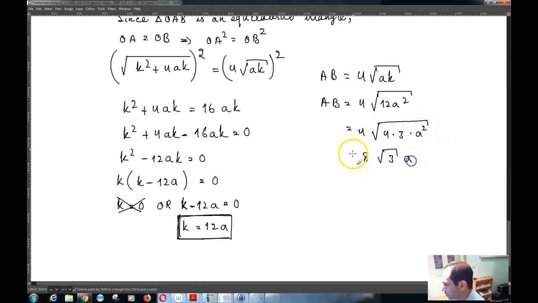So AB is equal to 8 square root of 3 times a, and that is the side length of the triangle that we were looking for. Very interesting way to solve the problem, actually.